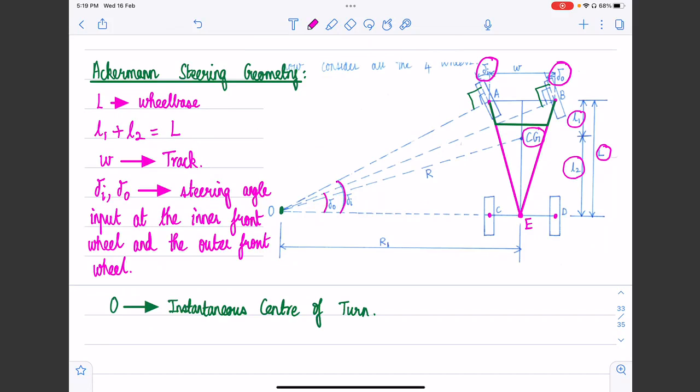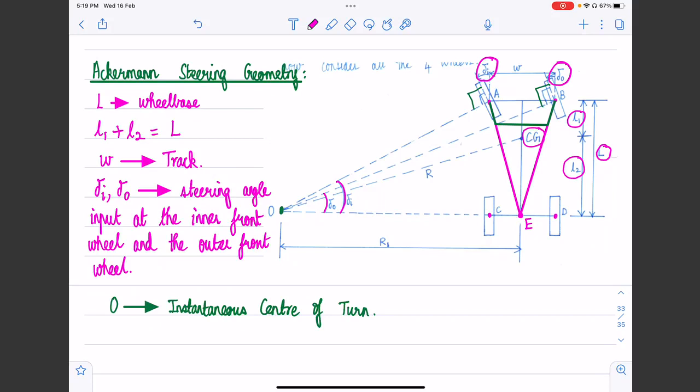So this is pretty straightforward, right? I'm sure all of us are familiar with basic geometry, which tells us that the included angle between two sets of perpendicular lines would be the same.